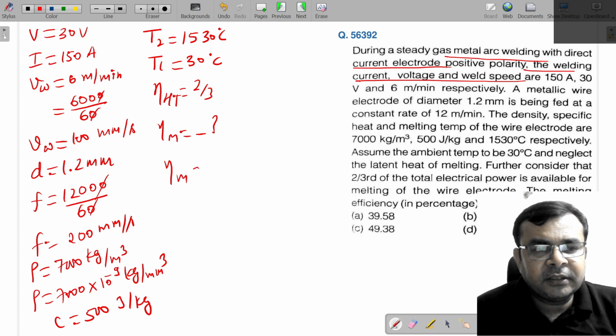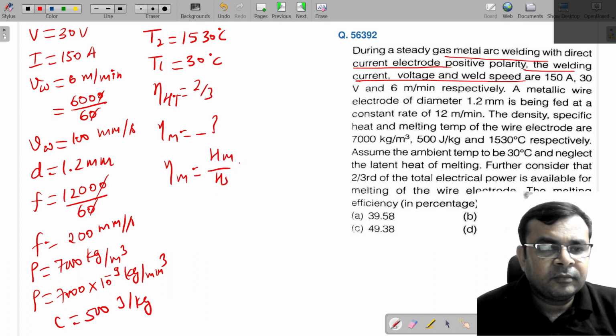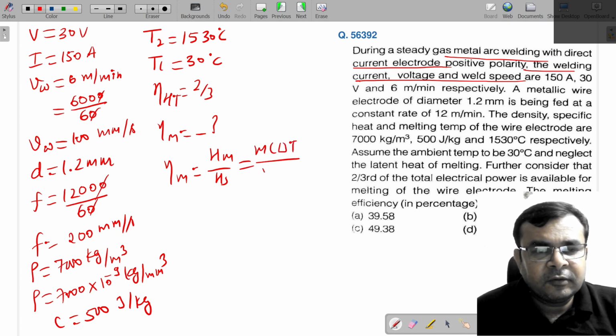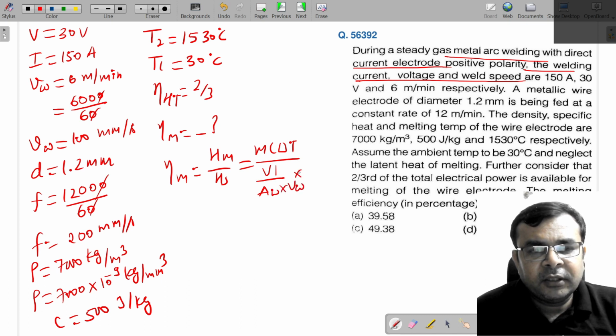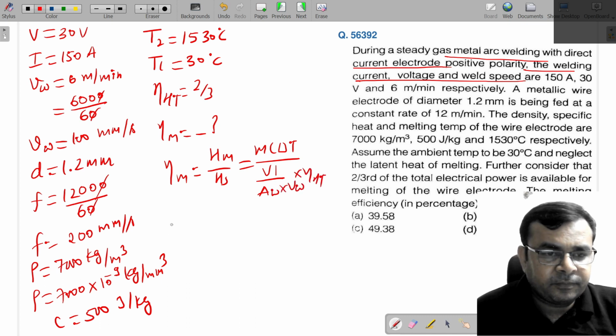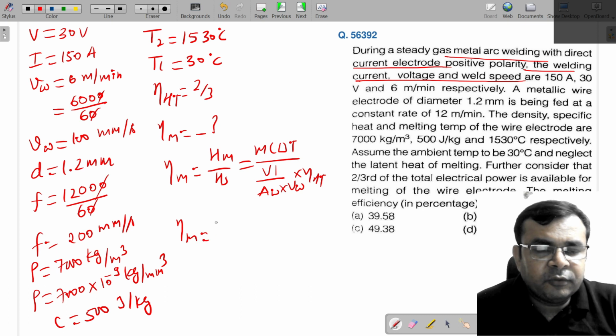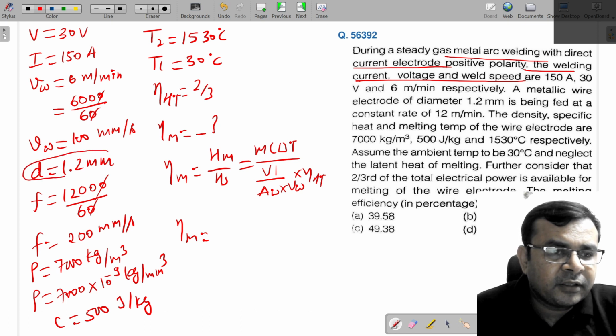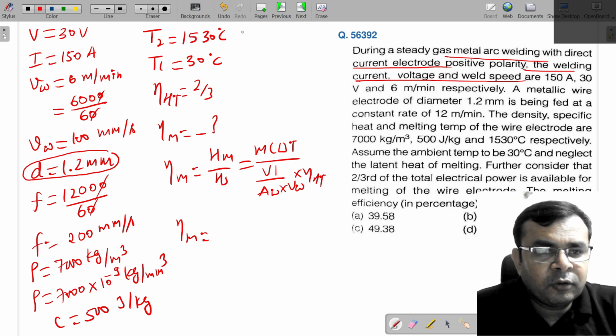So the melting efficiency is nothing but Hm by Hs. Hm is nothing but mcp delta T over Vi upon Aw into Vw into eta st. So now you just put the value. Mass is nothing but, so you can see the filler rate is 1.2.